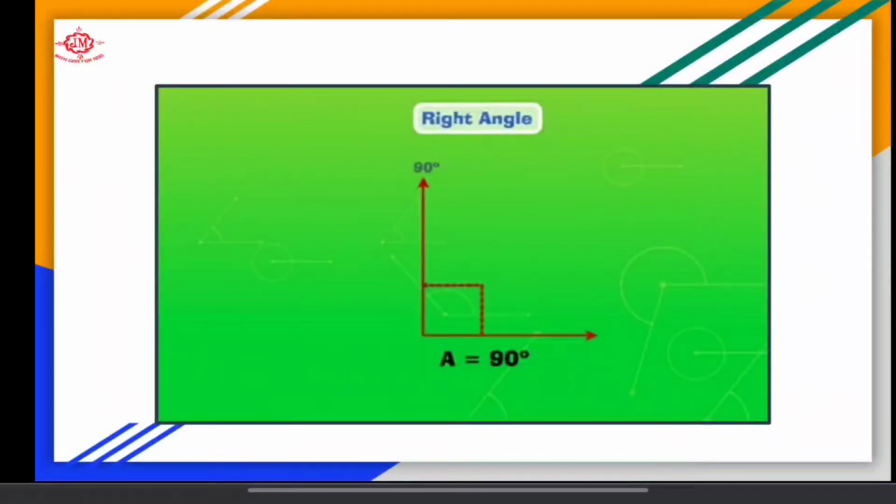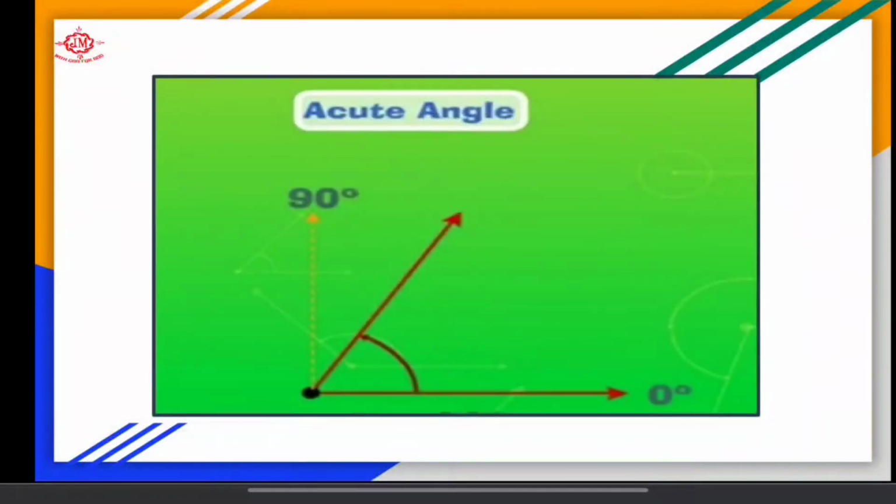We learned that when an angle measures 90 degrees, it is called a right angle. And when an angle measures less than 90 degrees, it is called an acute angle.